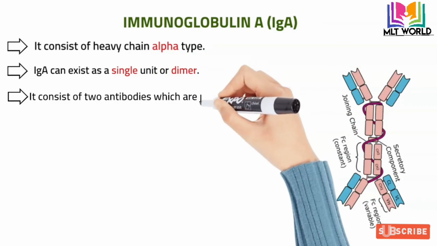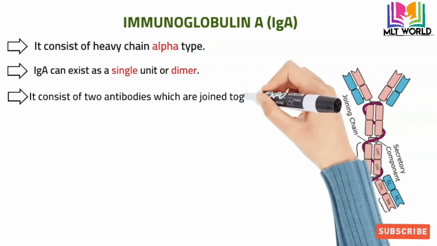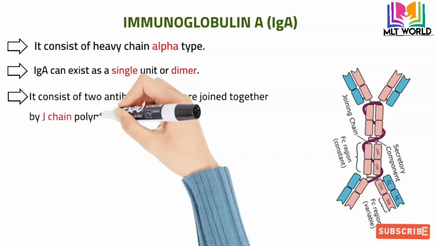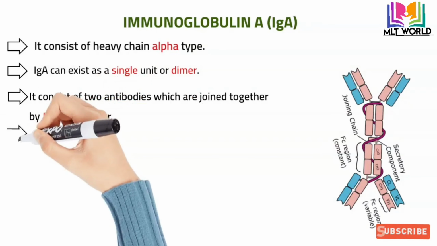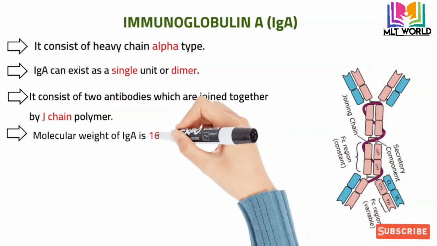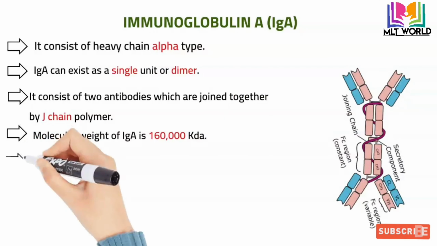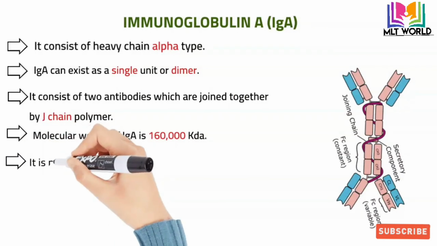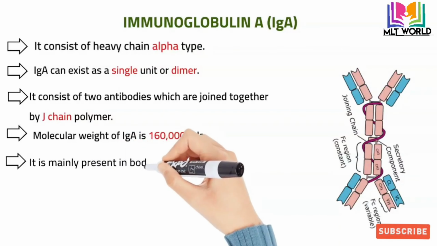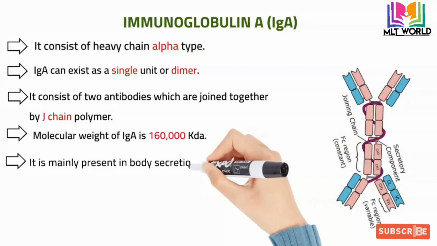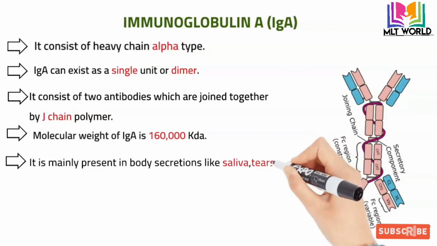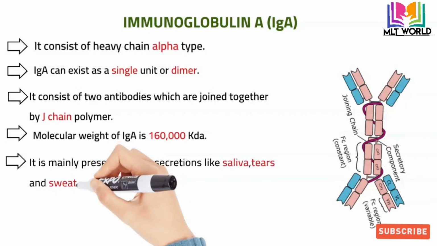It consists of two antibodies joined together by the J chain polymers, as you can see in the diagram. The molecular weight of IgA is 160,000. It is bigger than IgG, and it is mainly present in body secretions like saliva, tears, and sweat.